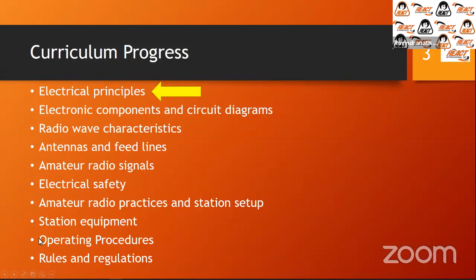From time to time during the course, I'll bring back up this slide to show you where we are as we progress. So it just gives you an idea of the curriculum.